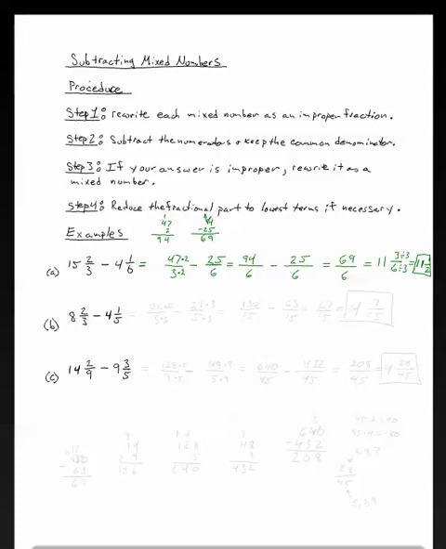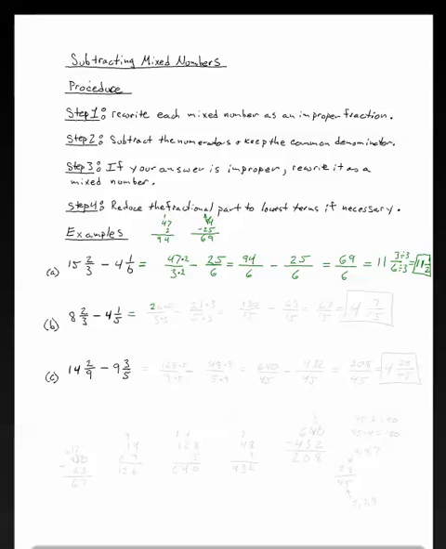For example B, we have 8 2/3 minus 4 1/5. So the first thing to do is convert to improper fractions. 8 times 3 is 24. 24 plus 2 is 26.